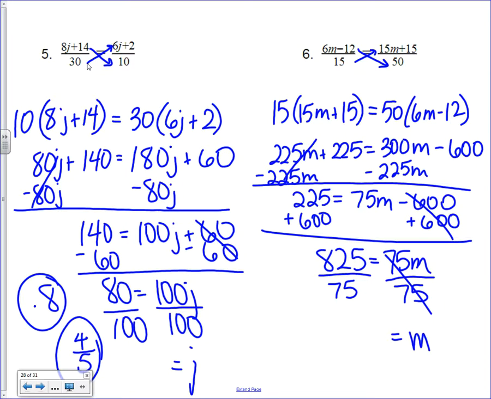Oh, my hand hurts after that. What's that? My hand hurts. What'd you get? 11. Questions for me, folks. How are proportions for us? Just fine? Okay. Homework.